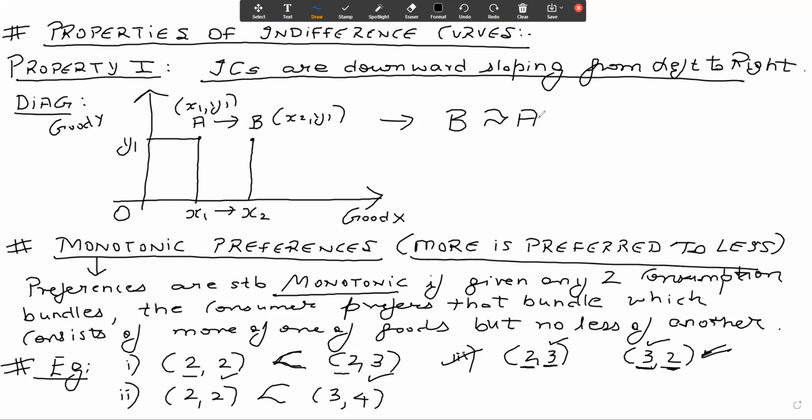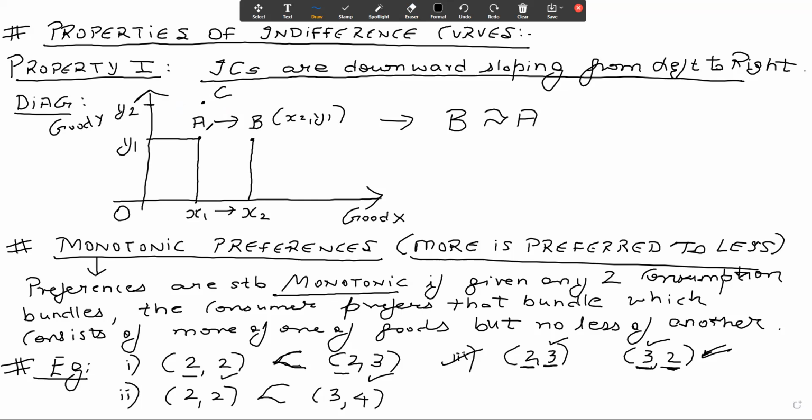Similarly, guys, if I take a bundle somewhere on the top, for example, I erase this for simplicity, and I take a bundle somewhere here. Suppose this is bundle C, and suppose this is Y2.